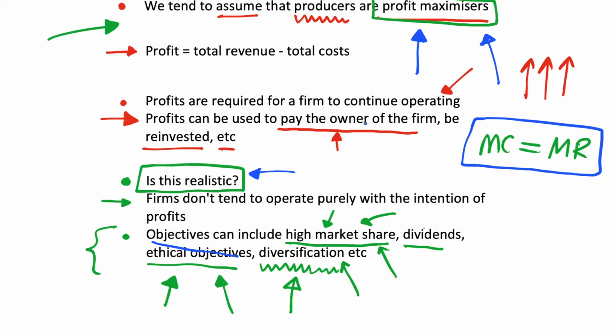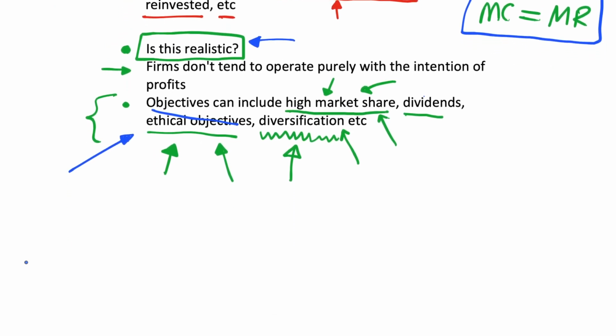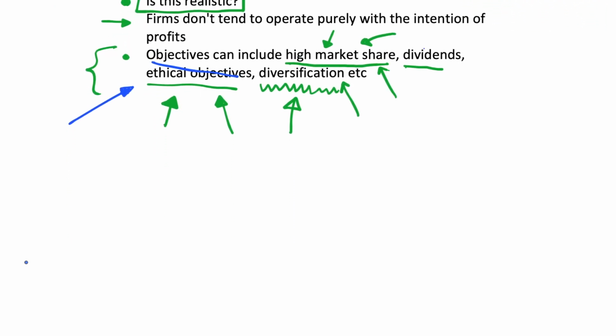They can, as we said, there are lots of things you can do with profit, and even if we maximise our profits, we could then reinvest that into our local community for ethical objectives and so on. So it is a decent approximation as simplifications go, because firms do want to maximise their profits. They just may also have these other side aims, but we can usually expect that the average firm is going to want to maximise their profitability, at least in the short or long term. So that's why we make this assumption.